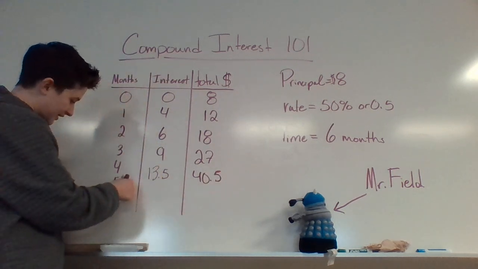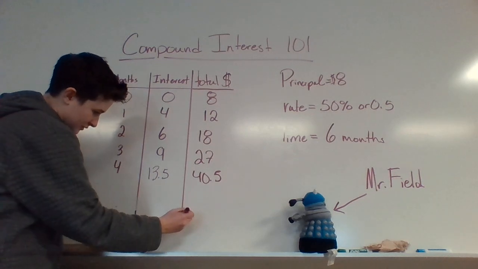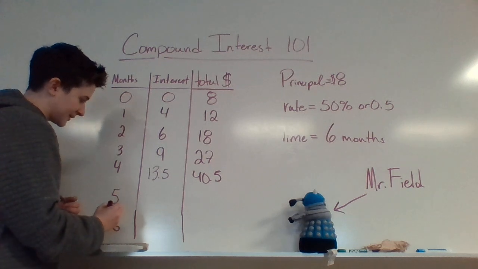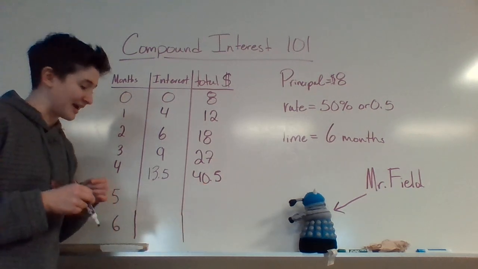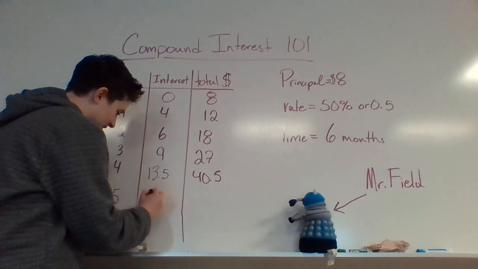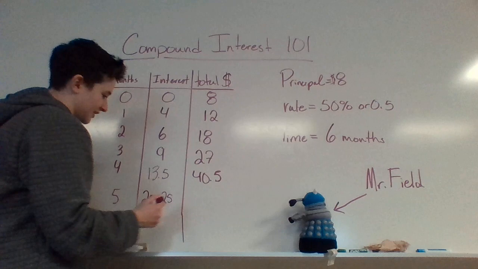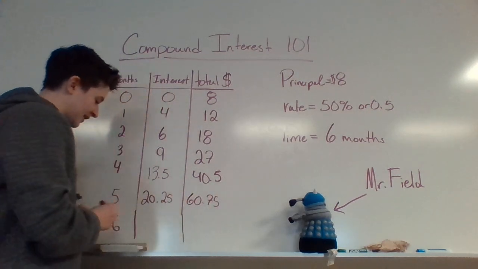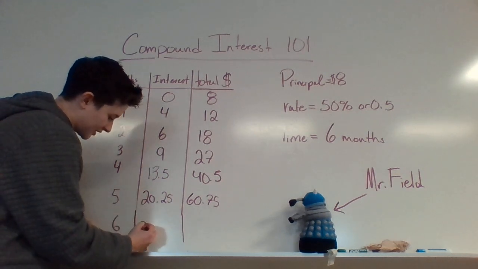And we do this again, and I need more table because I'm running out of room. Always plan your tables accordingly. Okay, month 5, we're going to take 40.5 and we're going to cut that in half. Half of 40 is 20, half of 0.5 is 0.25. And we add that here, so I have 60.75. Lastly, we have month 6. We have to cut 60 in half, which is 30.